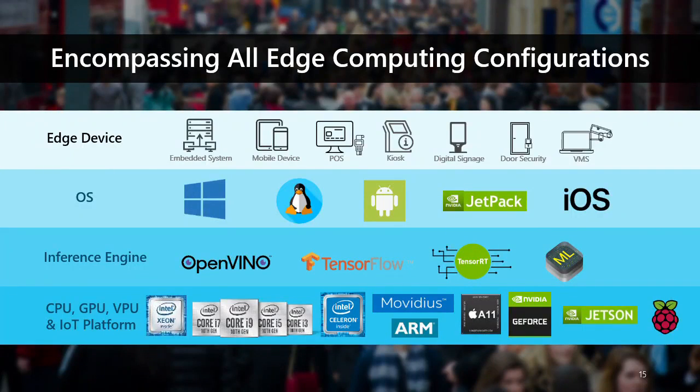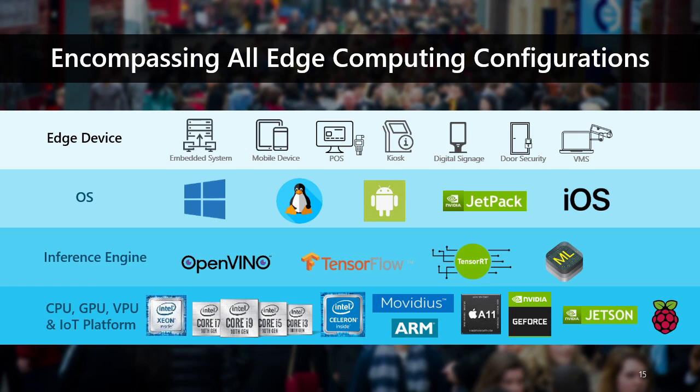Okay, and as we mentioned earlier, FaceMe is provided in the form of an SDK, a software development kit. In terms of CPU, GPU, or IoT platform, we can support a very wide range of OSs and platforms. For OS, for example, it can support Windows, Linux, Android, NVIDIA JetPack, and iOS.